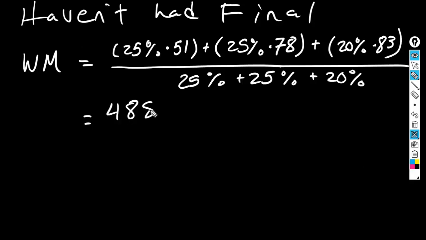So once we do that, we get 4,884 divided by 70%.